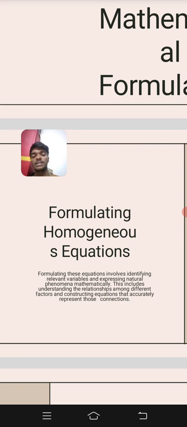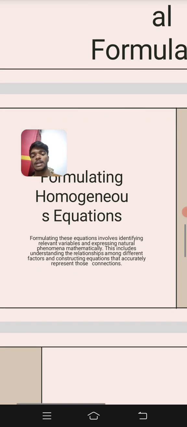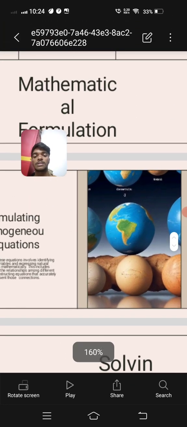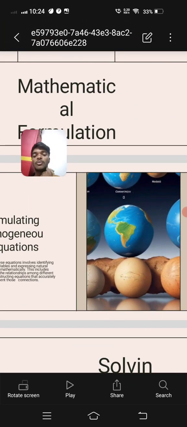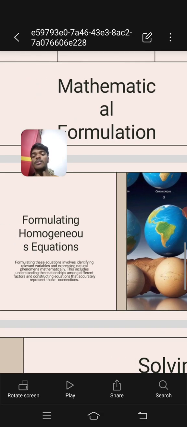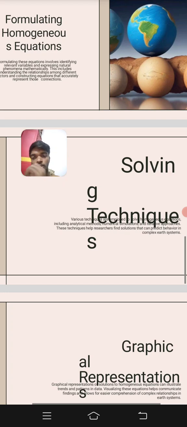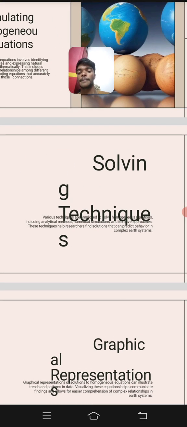This includes understanding the relationships among different factors and constructing equations that accurately represent those connections, as you can see in the picture of formulating homogeneous equations on Earth on geological locations.